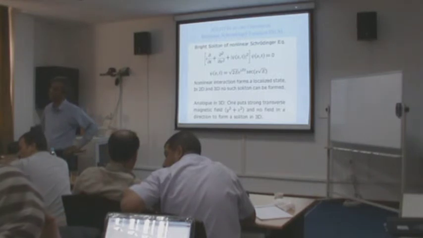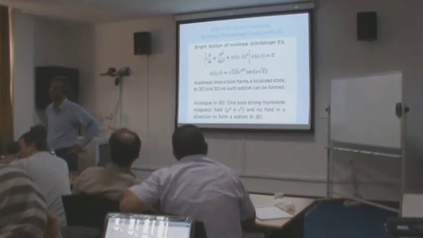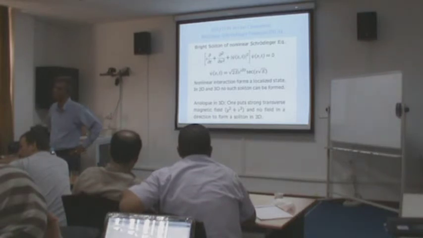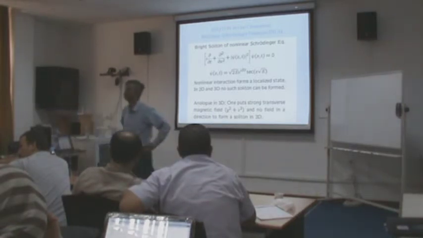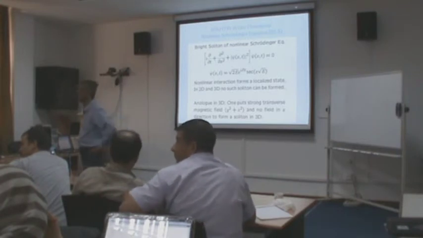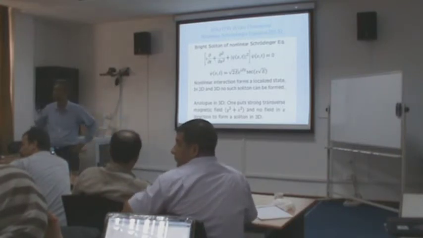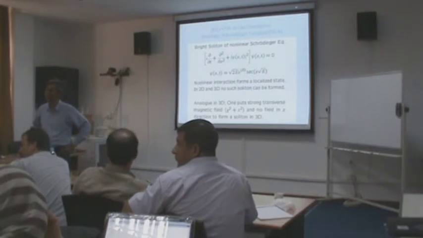You take the kinetic energy, and the kinetic energy always goes like 1 over L squared. So now you plot the energy: something like a constant times 1 over L squared, minus, because it's attractive, a constant times 1 over L to the power d.